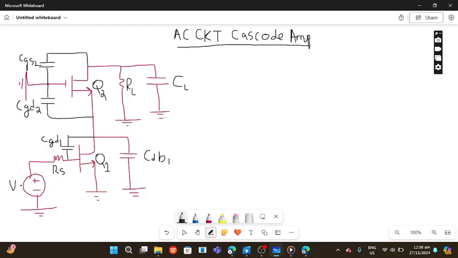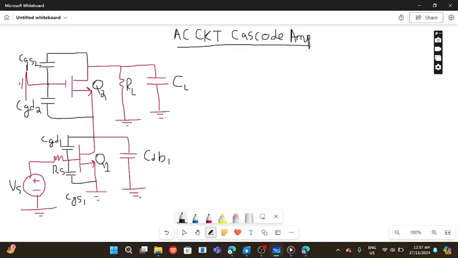This is named as VS, and again this capacitor would be your CGS1. I will write it with an arrow just to indicate. It is just an indication. So now I should remove it as it can misguide you.